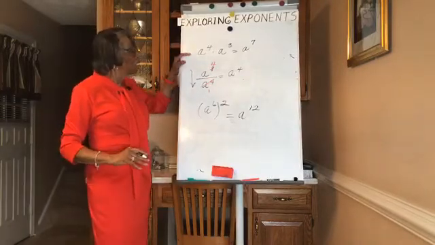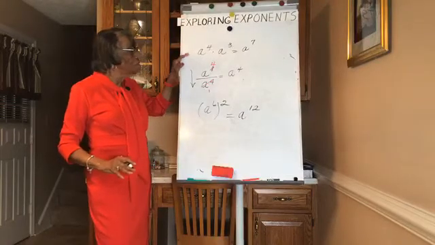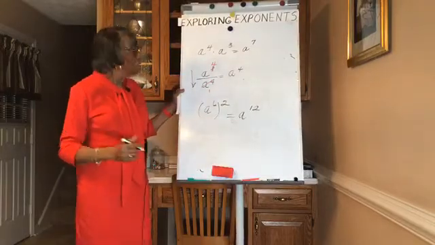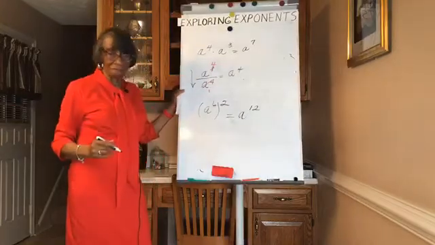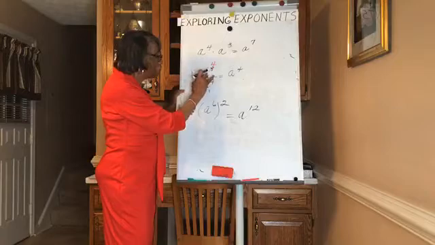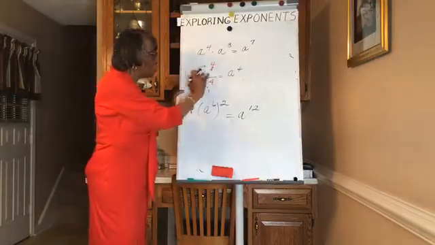Remember, when we're multiplying 2 powers with the same base, we merely add the exponents. If you can't do that yet, we can write out all the A's and cancel them. All right? And count them. All right, here we're dividing, and you can write out all the A's.